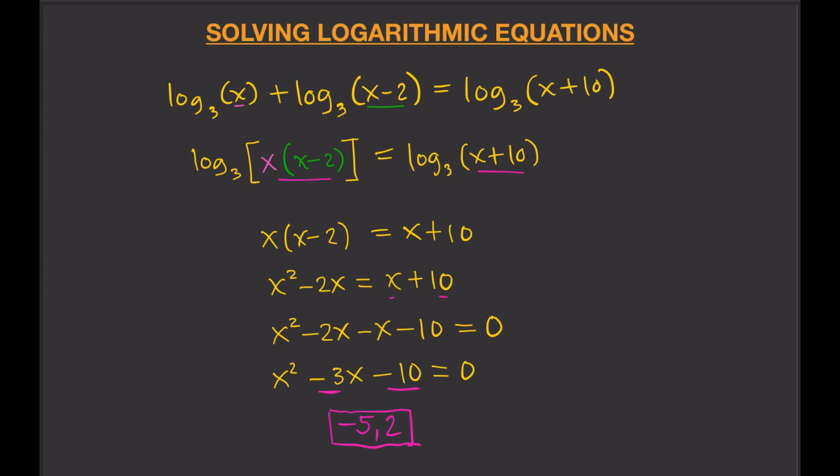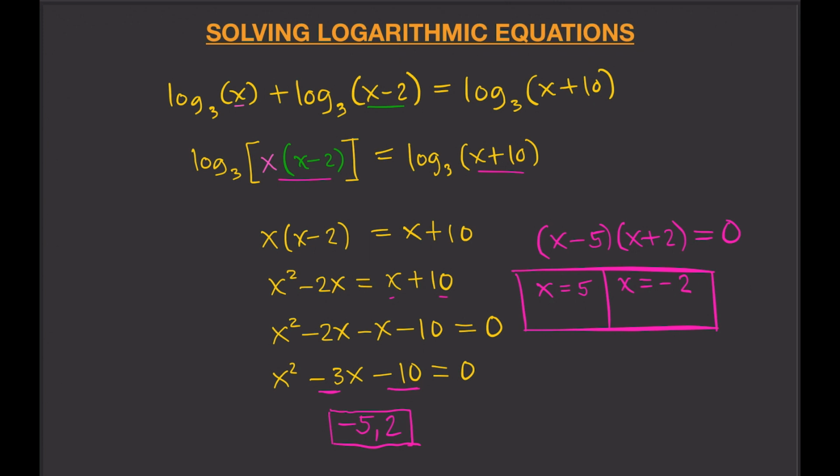And so our factors will be x minus 5 and x plus 2 equals 0. And that will give us x equals 5 and x equals negative 2. So now we have our solution.